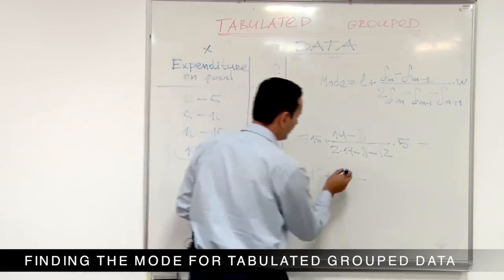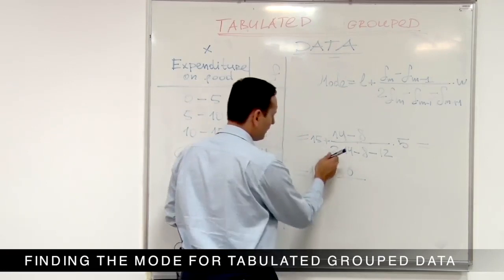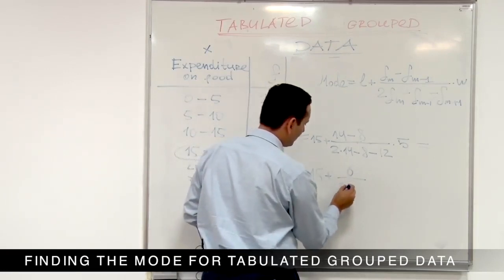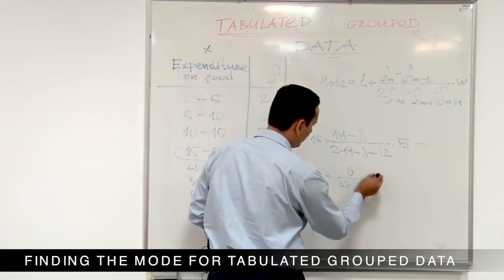14 minus 8 is going to be 6. 28 minus 8 minus 12, multiplied by 5.